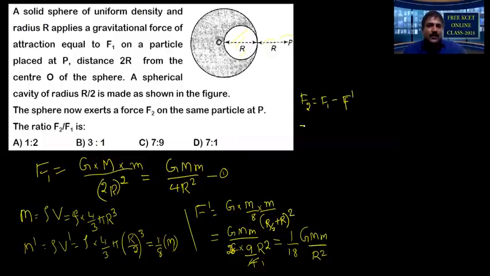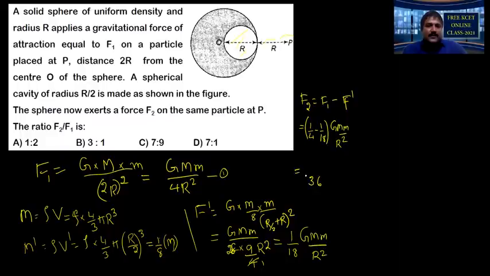So we have to subtract. First G M m by 4r square is there, later it is 1 by 18 G M m by r square. So the common term I can take outside, that is 1 by 4 minus 1 by 18, and G M m by r square.